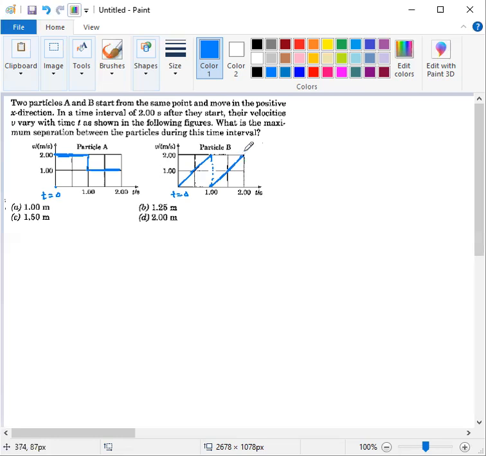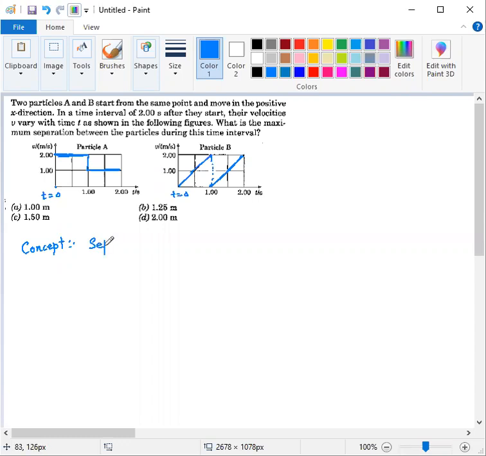First of all, we have to discuss the concept behind this question. The concept is that first we have to calculate the separation. In the velocity-time graph, what is separation?